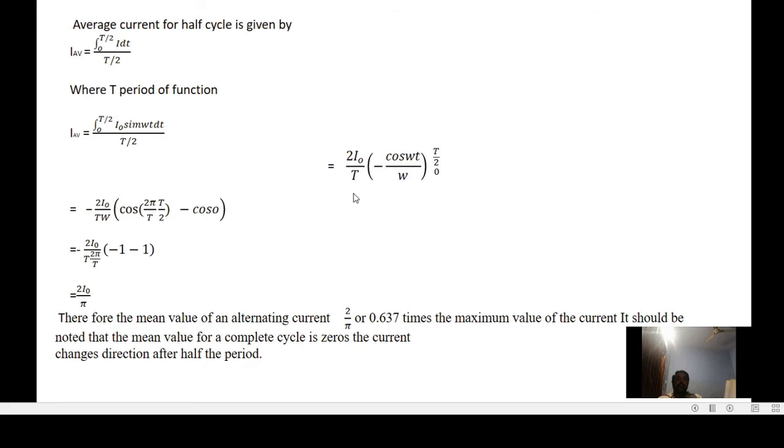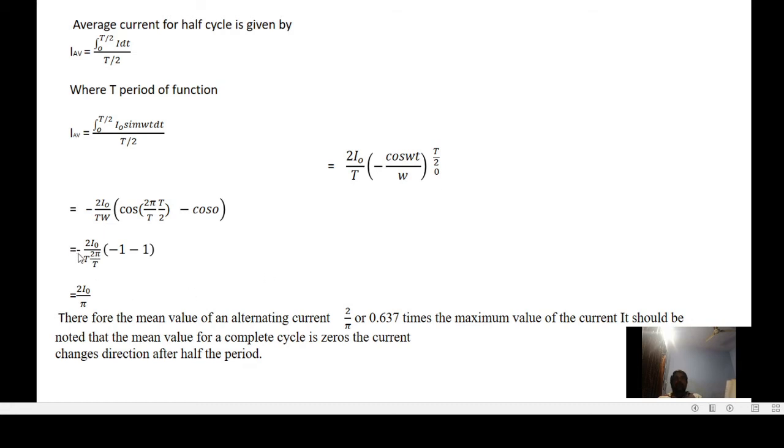Then this equation becomes minus 2 I naught by T omega into cos 2 pi by T, because we know that omega is equal to 2 pi f or omega is equal to 2 pi by T. So in place of omega, we can replace it by 2 pi by T into T by 2 minus cos 0.